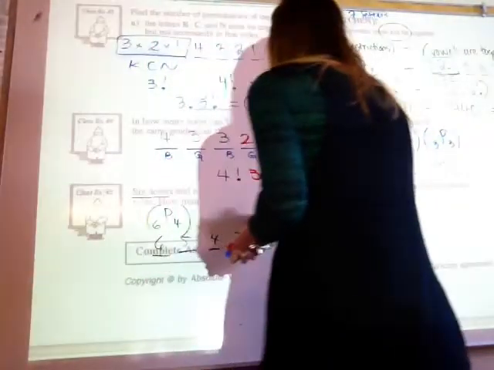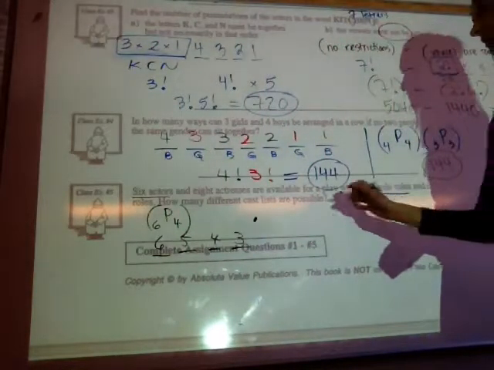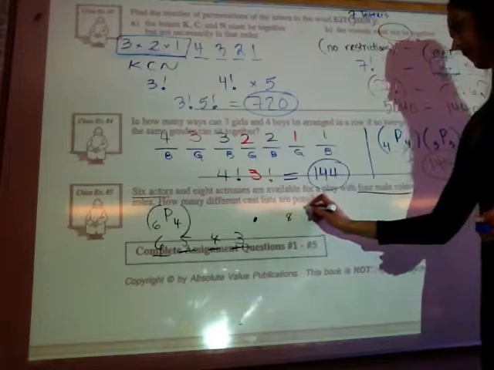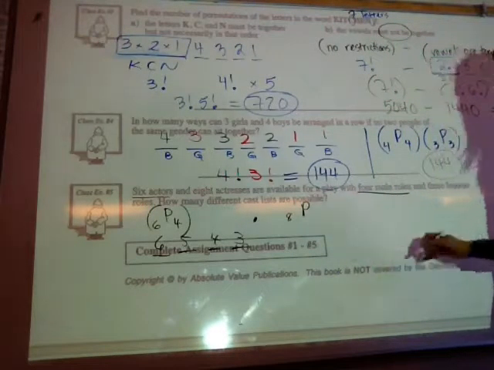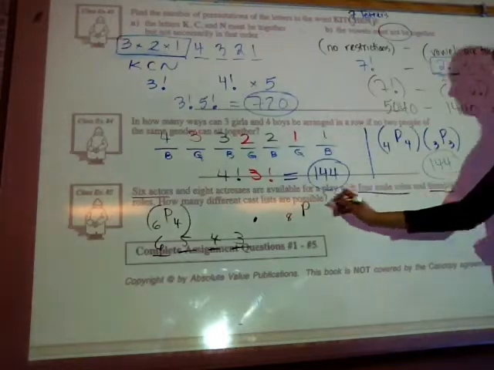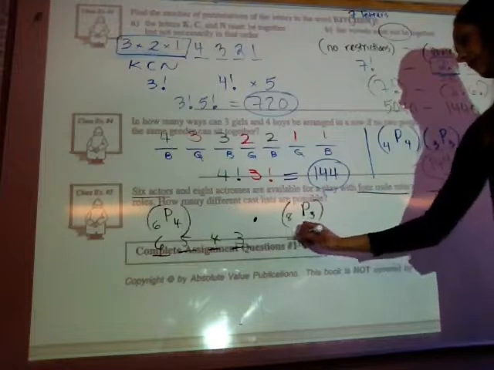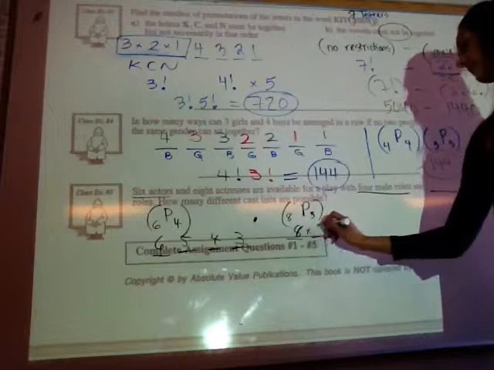We're going to multiply this by the female roles. So we started with 8 actresses, and we're only going to pick 3 female roles. So that would be 8 times 7 times 6.